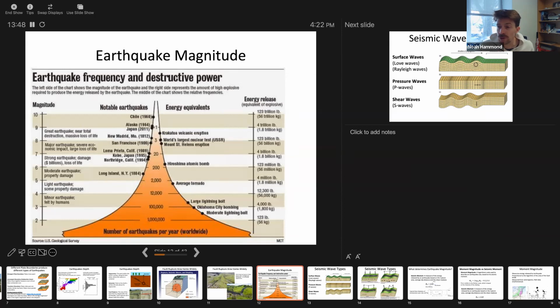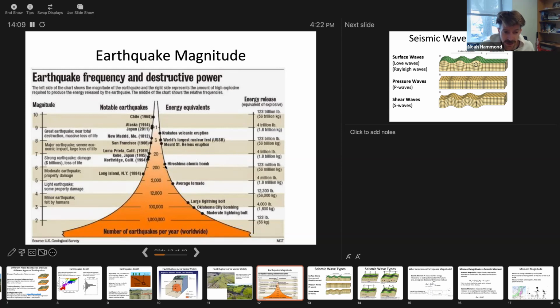So the more powerful the earthquake, the more energy gets released. So for instance, a magnitude 6 earthquake releases as much energy as the atomic bomb that was dropped on Hiroshima in World War II.